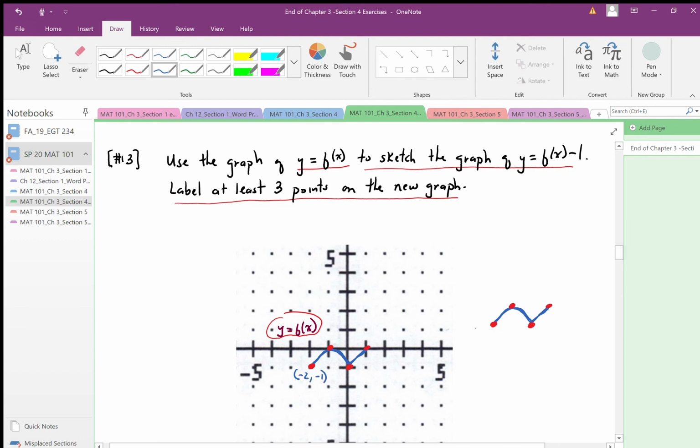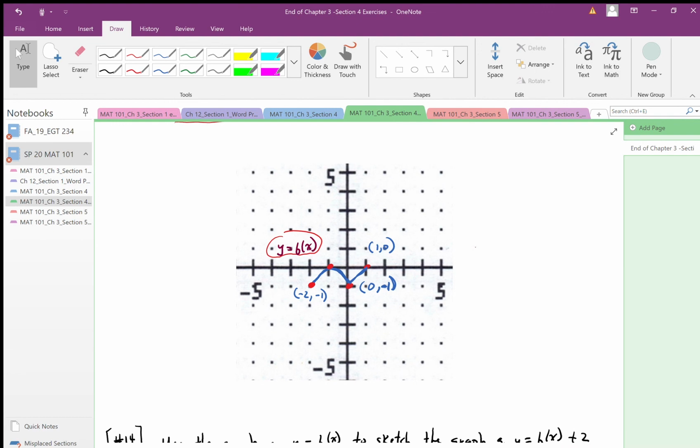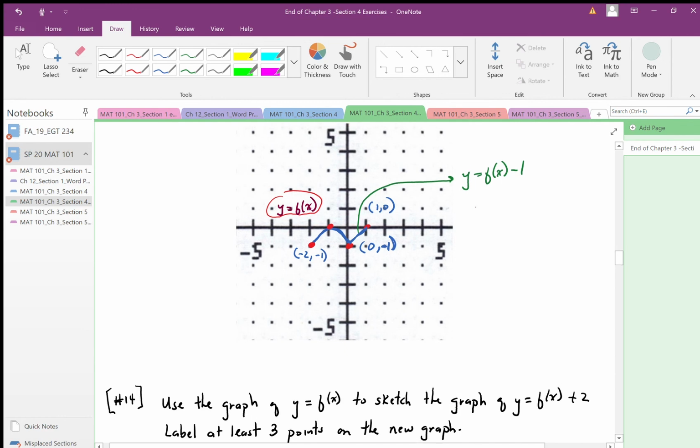This point right here is going to be (1, 0). And this point right here is going to be (0, -1). So those are the 3 new points when you shift the graph down by 1. We can get rid of this right here. So your y happens to be f of x minus 1. That's the new graph now.